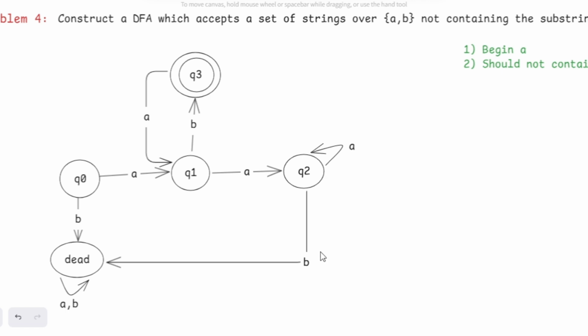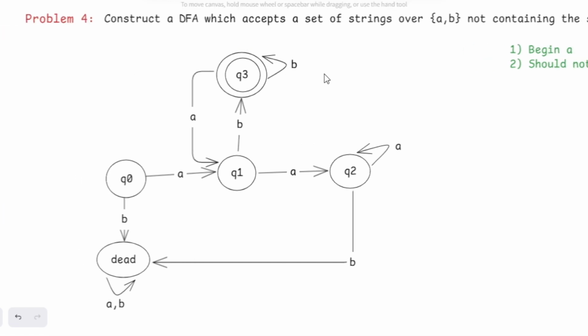And if it is B again, it will go to the dead state, right? So A is processed in Q3. What about B? If it is B, that doesn't mean anything because B can be processed directly, because the previous input is B, so it cannot create AAB. So the B will be redirected to Q3 only. Okay.